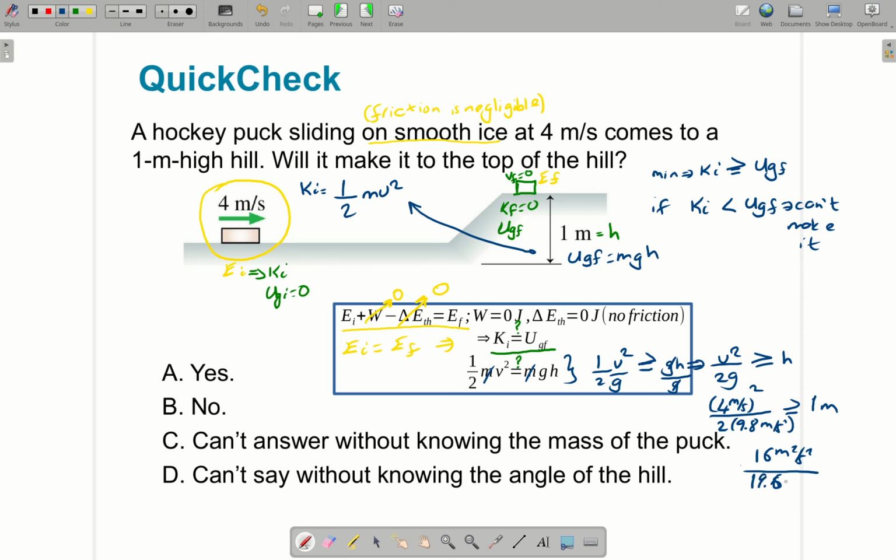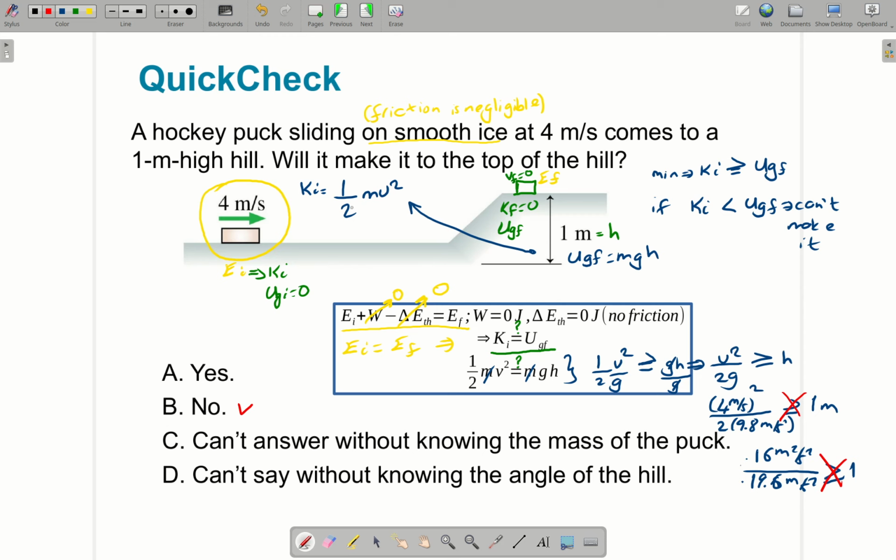It's about 19.6 meters per second squared. That is not larger than 1. I'm dividing a smaller number by a larger number, so it can't make it. That doesn't work. That's not the case, so it can't make it up there.